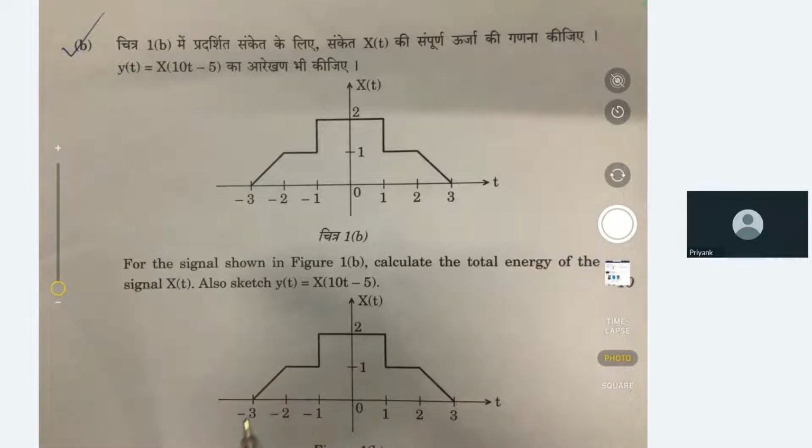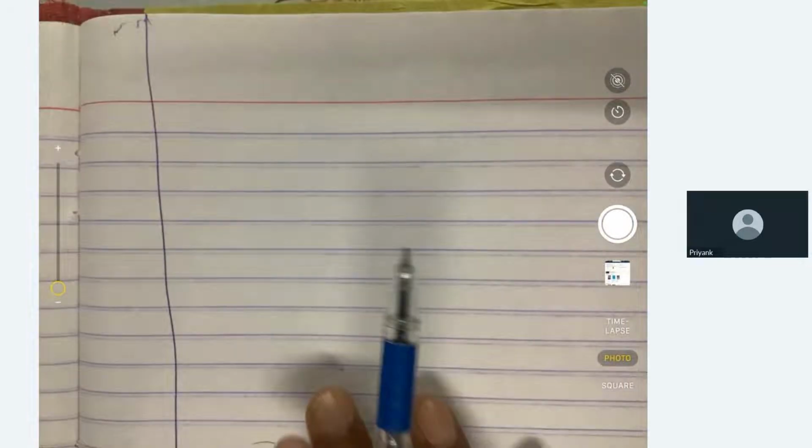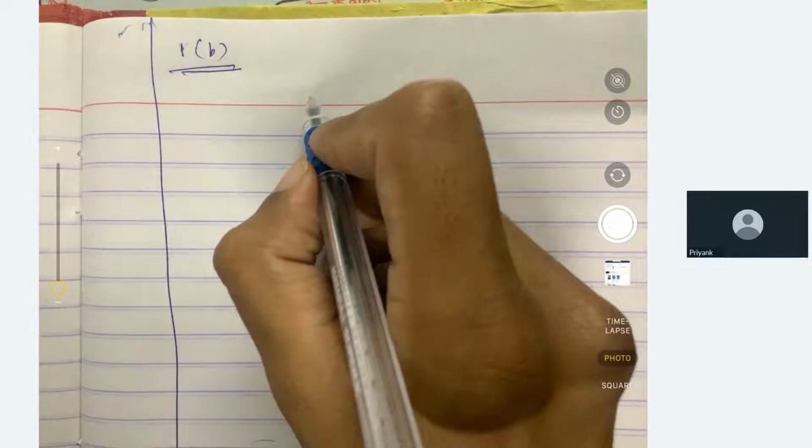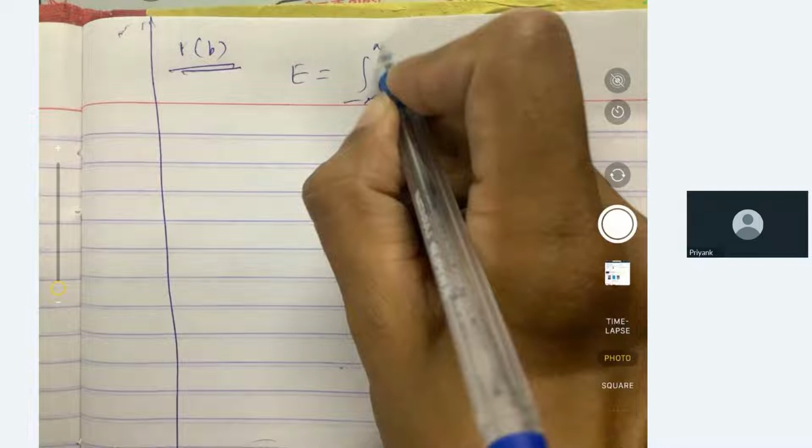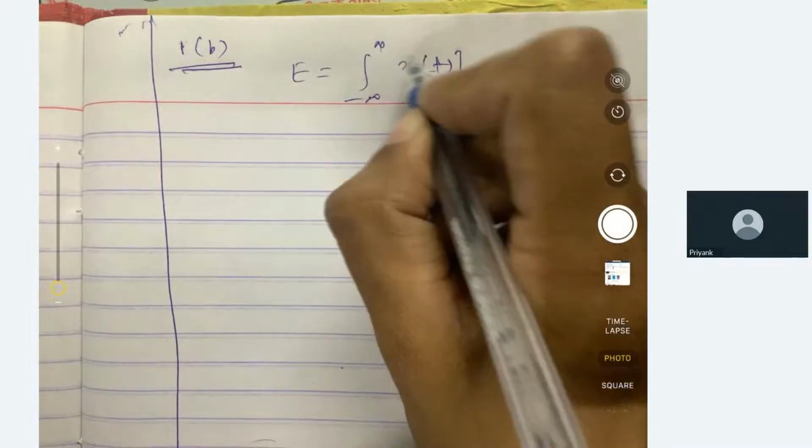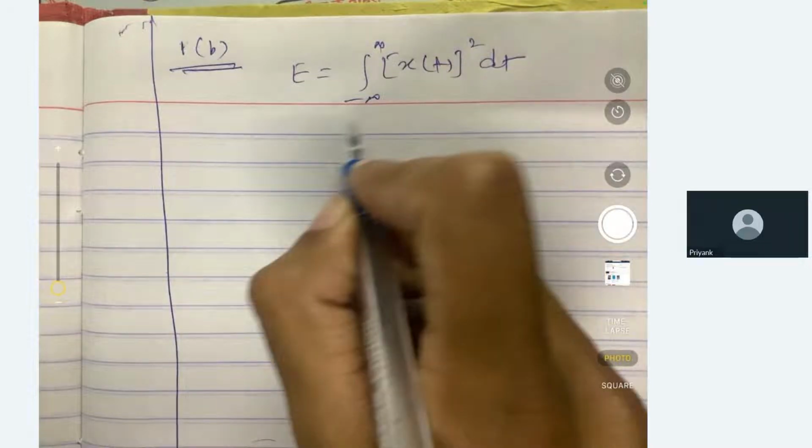Like the previous question, I am not going to solve it, but I will give you a brief idea. For 1B, the energy of a signal is E equal to the integral from minus infinity to infinity of x(t) squared dt. So we just need to integrate the signal.